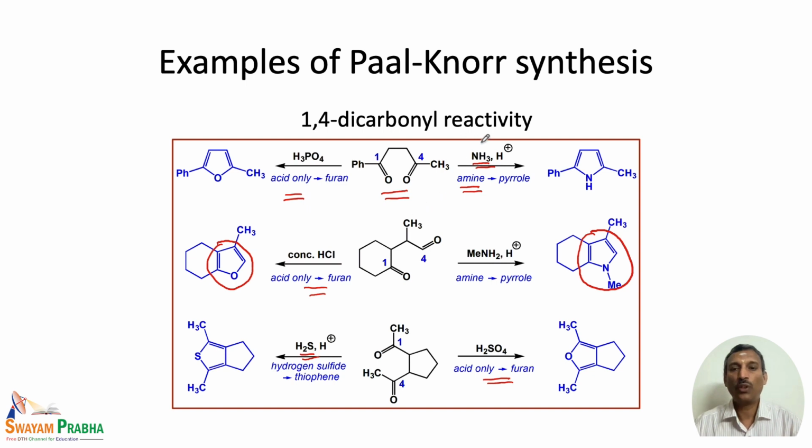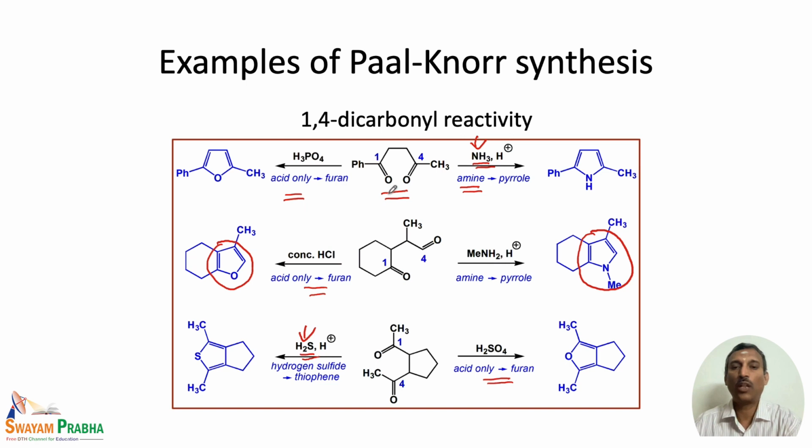So, if we use ammonia or primary amine or hydrogen sulfide, that leads to the heterocycle with nitrogen or sulfur respectively. If we do not use either a primary amine or hydrogen sulfide, then we simply get the furan derivatives.